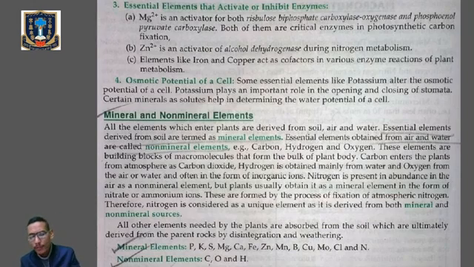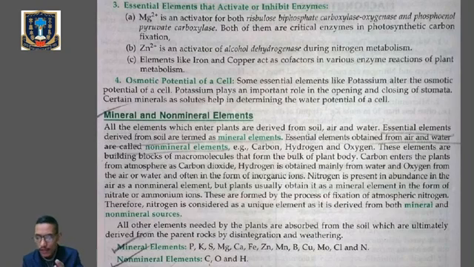Clear? Then number 2, we have zinc ion, which is an activator of alcohol dehydrogenase enzyme during the nitrogen metabolism process. Then elements like iron and copper act as cofactors in various enzyme reactions of plant metabolism. So these are the essential elements which are essential for the activation of the enzyme or to inhibit the function of the enzyme.